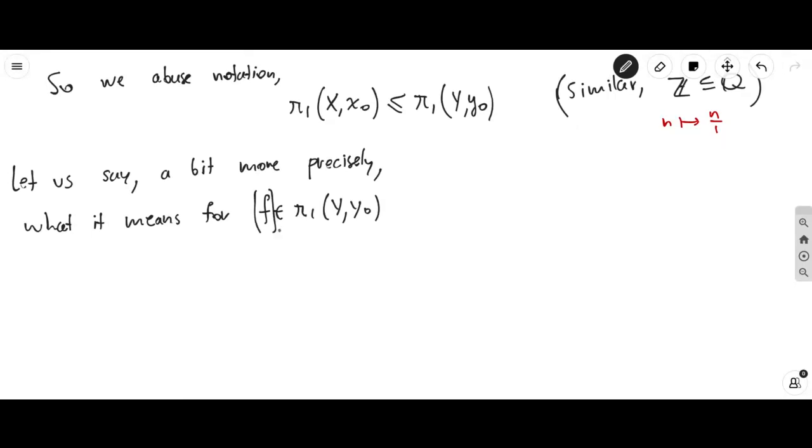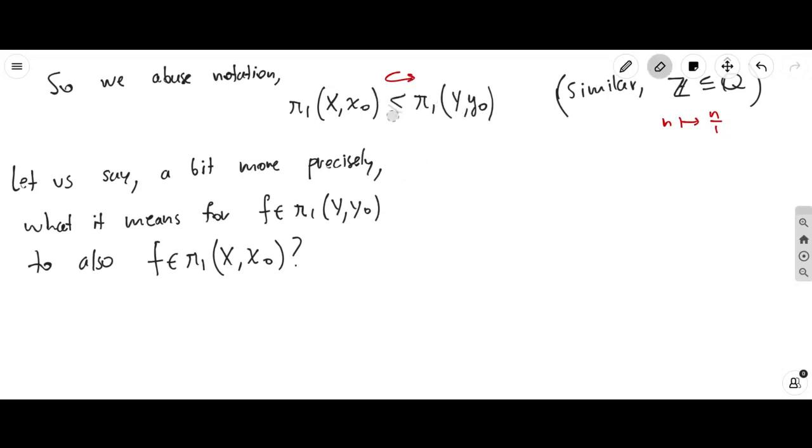If I want to be more careful, it's really a homotopy class, but I want to keep the notation simple. So let's say we pick a loop. I want to say a bit more accurately what it means for a loop in the base to also belong to the cover. Right, we're being sloppy. This is not actually correct. Rather, more accurately, we're saying one can be injected into the other.